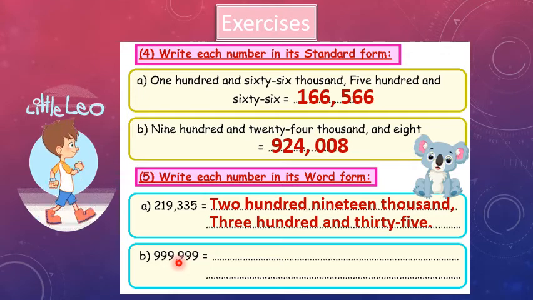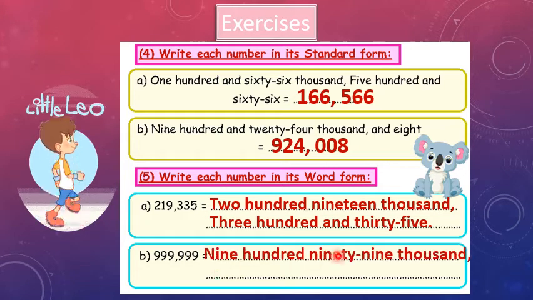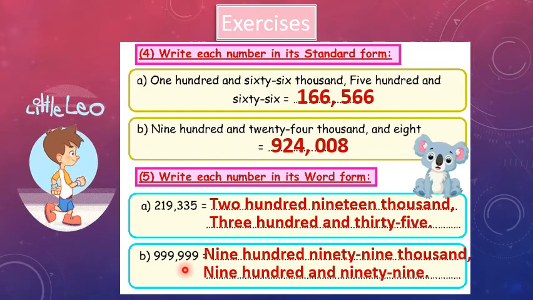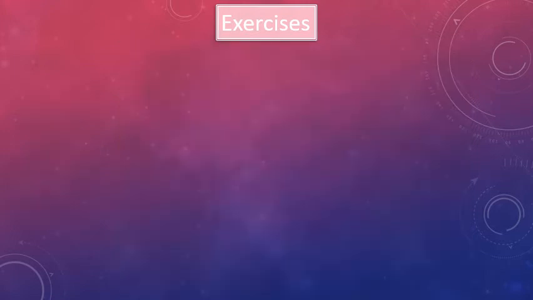Then read the number to the left of this comma, it will be 999,000. Then stop and put your comma, then complete reading, it will be 999. Good job.